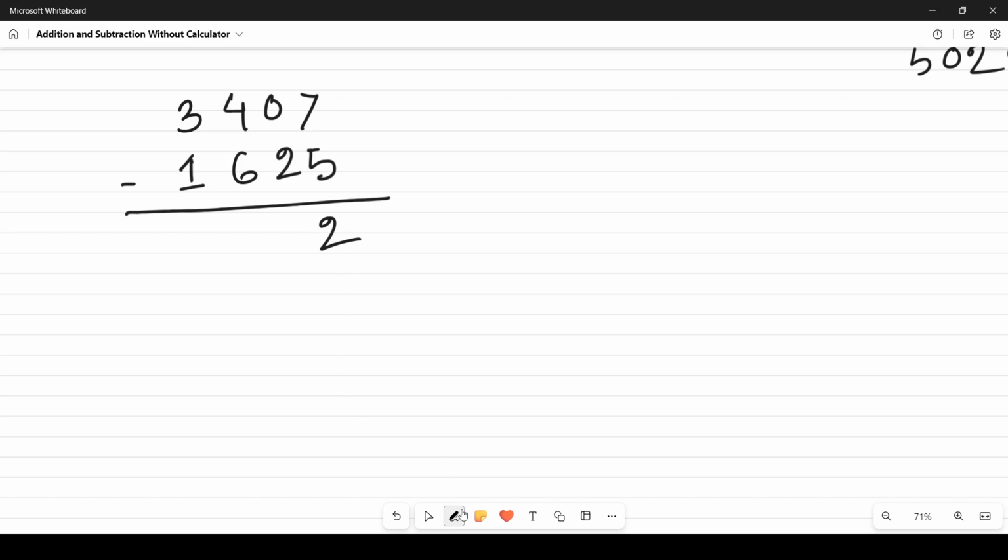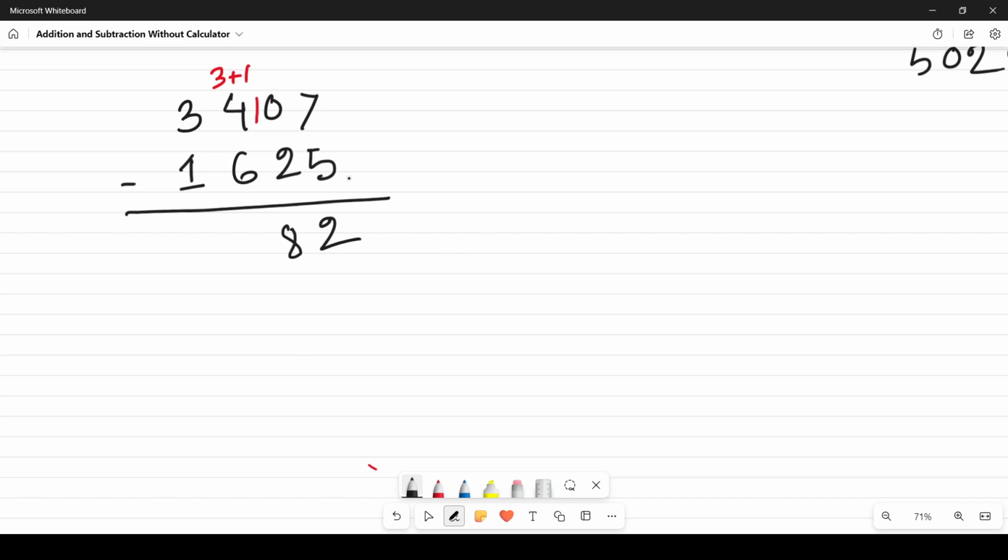So what we are going to do, we are going to split this next value 4 into parts, 3 plus 1. And then we are going to take this one here to make the number 10. So now if we subtract 2 from 10, what do we get? We get 8, right?